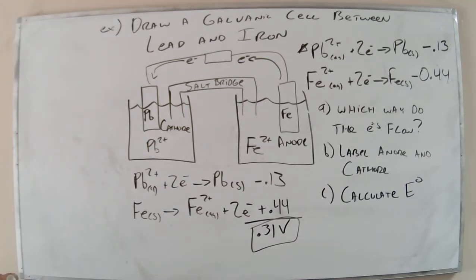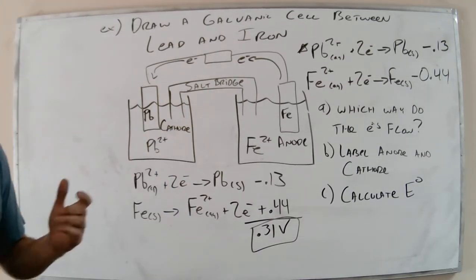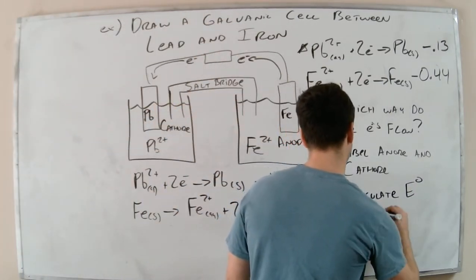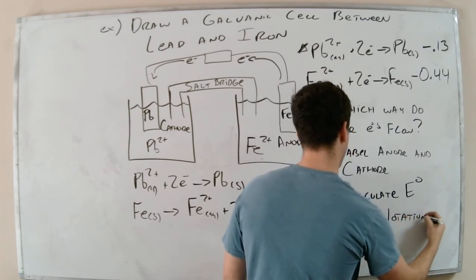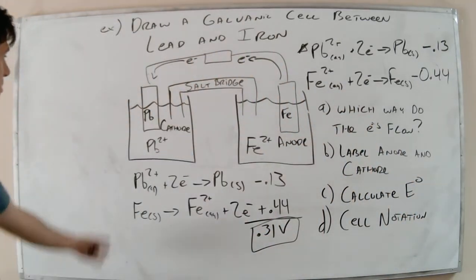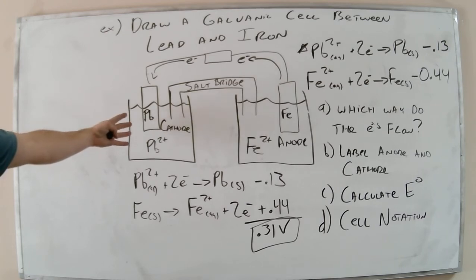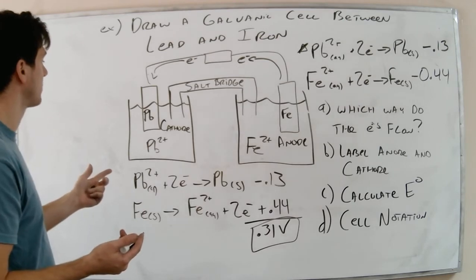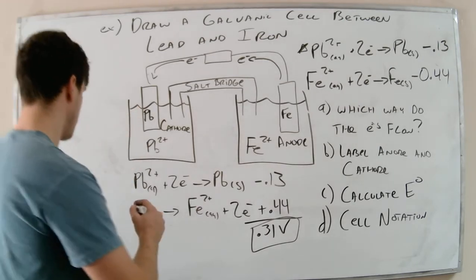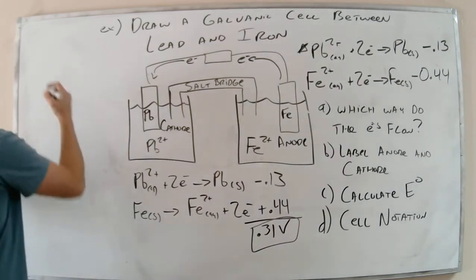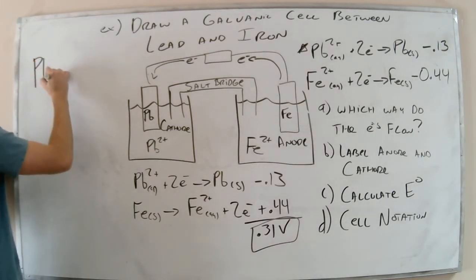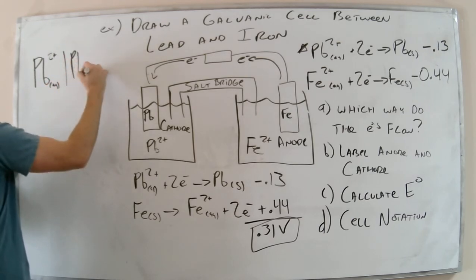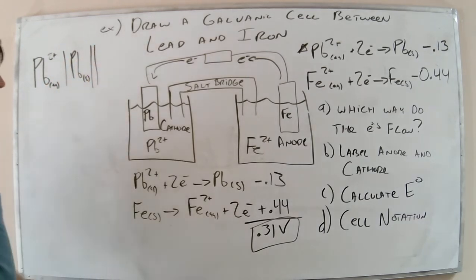And now I might ask for the cell notation for my last one. So cell notation. Okay, let's go ahead and do the left side, right? So lead is gaining electrons, so it's going to go from Pb2+ (aq) to Pb solid, right?